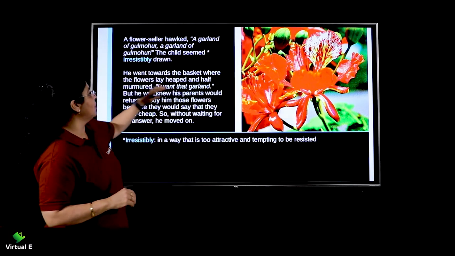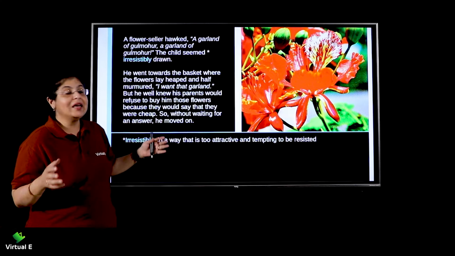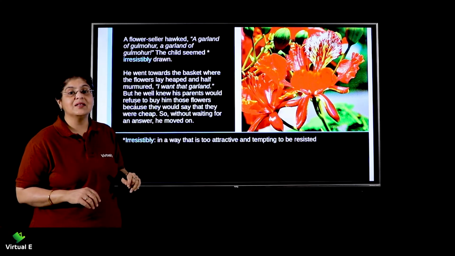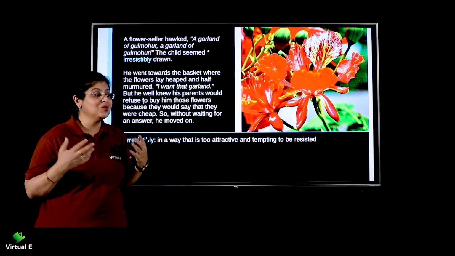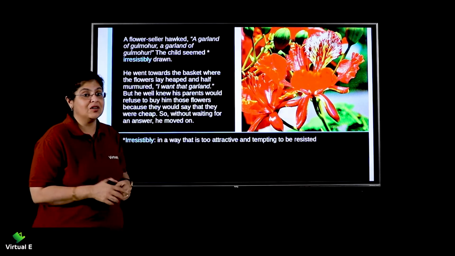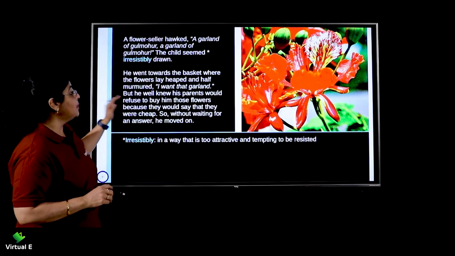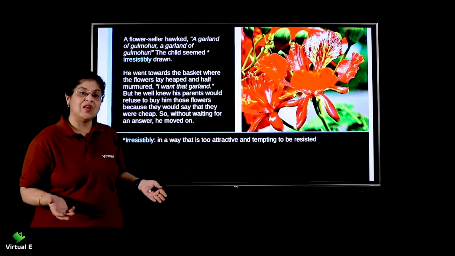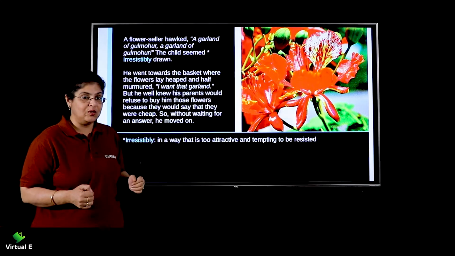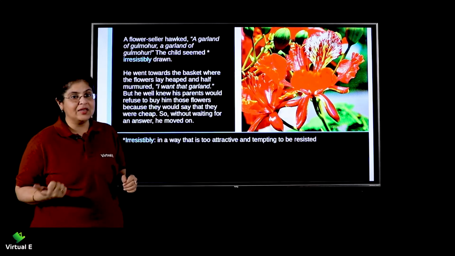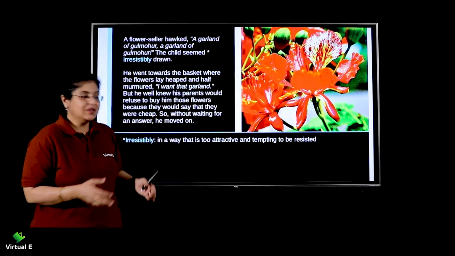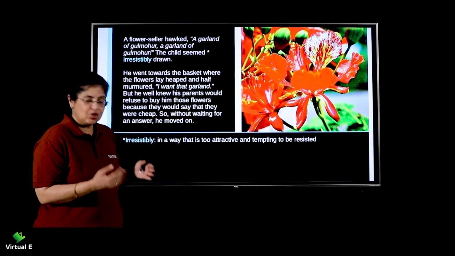He went towards the basket where the flowers lay heaped and half murmured, "I want that garland." Now, as a child, everything he came across, he wanted. But he well knew his parents would refuse to buy him those flowers. He knew that, I am asking, but I know they will say no, because they would say the flowers were cheap and not really right to buy, so just leave them.